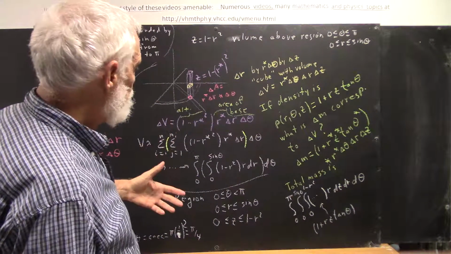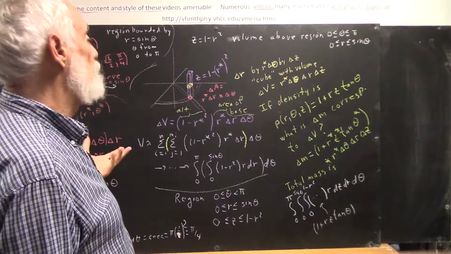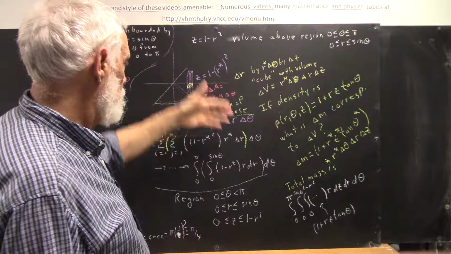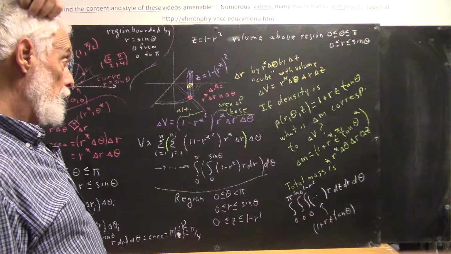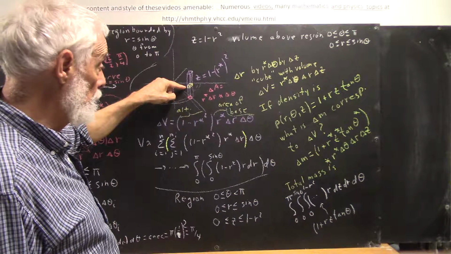Now, we can also treat this region as a volume integral. And in the next video we'll do that. And in that video then we'll want a typical volume increment, which will be this yellow thing.